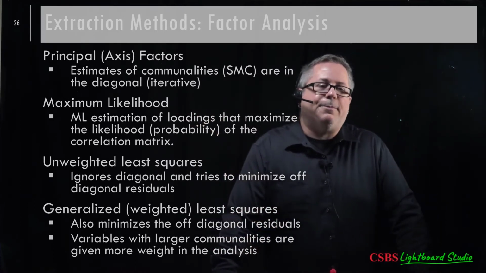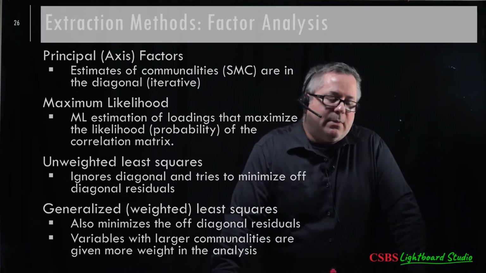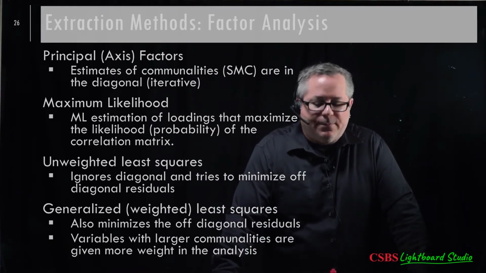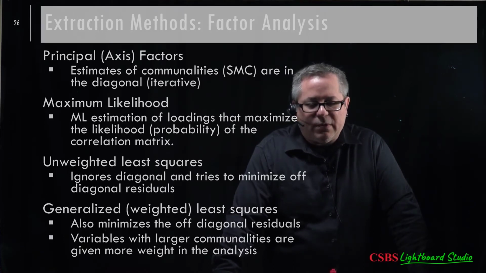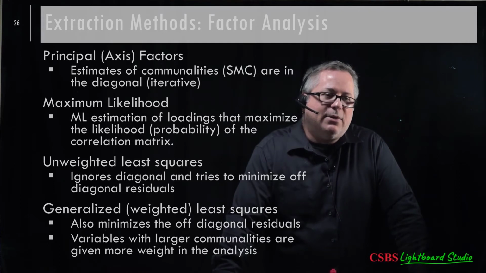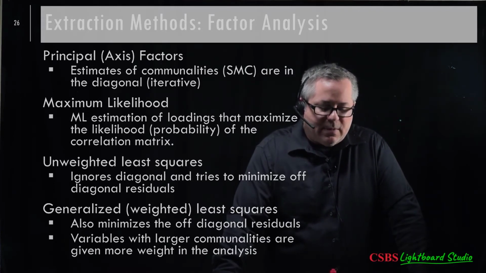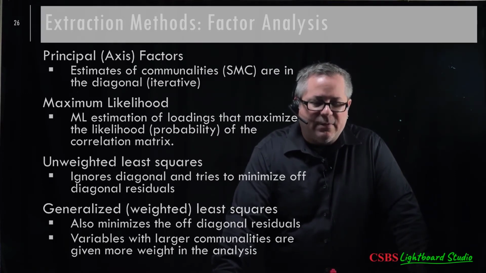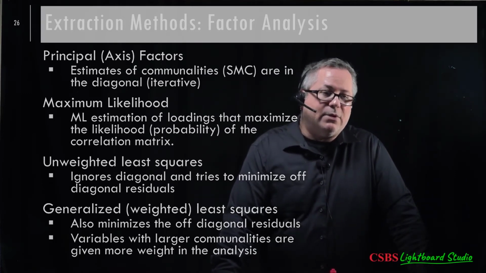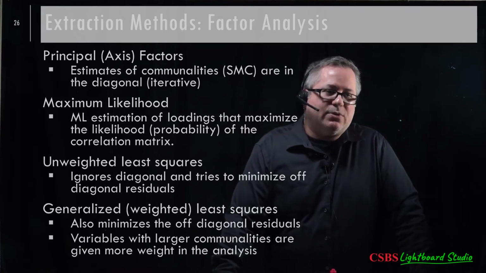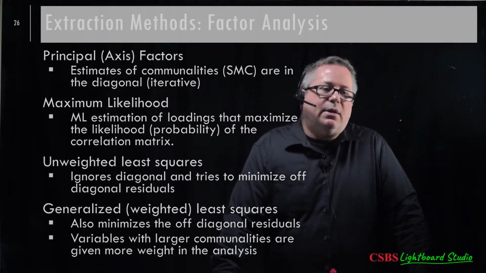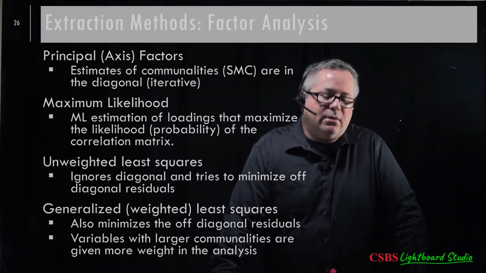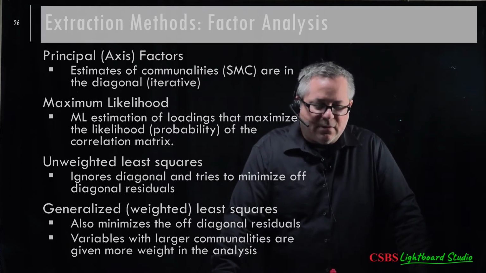It tries to use maximum likelihood, especially in the first iteration, to estimate what the loadings should be to make the correlations as likely as possible. So it doesn't try to estimate the commonalities the first time in terms of putting them in the diagonal of the matrix. It just ignores those, tries to find loadings that make the data the most likely, and those are the first estimates of the loadings.